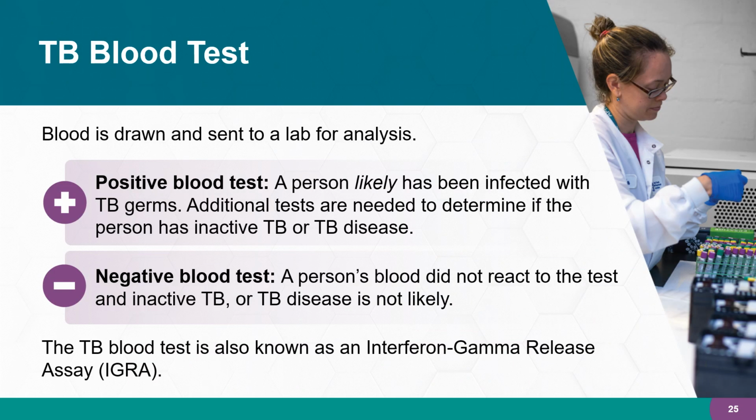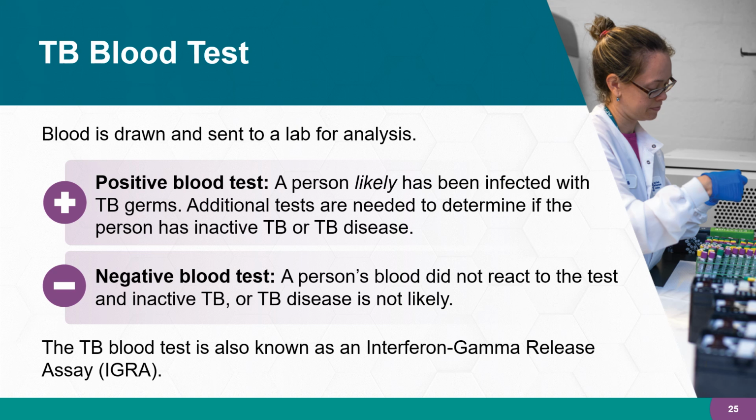Reminder, the TB blood test is called the QuantiFERON-Gold test. TB blood tests measure a person's immune reactivity to TB germs. Results from blood tests can be read as positive or negative. If the result is not clearly positive or negative, the test can be repeated. Positive may equal inactive TB likely.